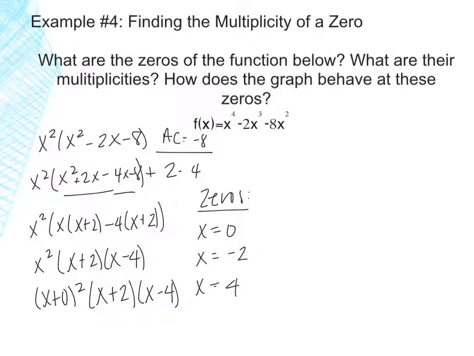So the multiplicity of the first one is 2, then 1, then 1. What it means is that at 0, it's going to behave quadratically, and the other two are linear at those points.